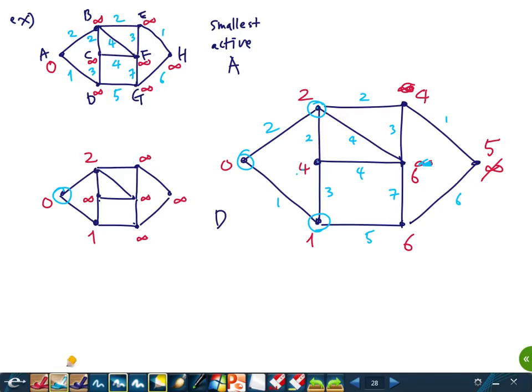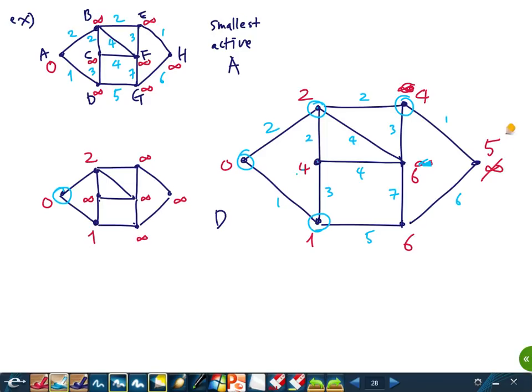Now make this inactive. So we have 4 active vertices. This has the smallest one. So even though we have already labeled this, we are not done yet because this is active. We have to continue until this becomes inactive, because it may be replaced by a smaller number.